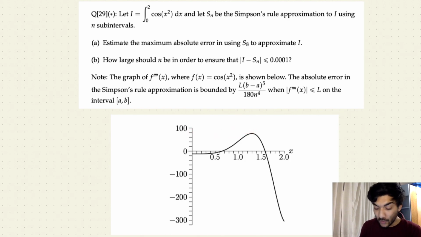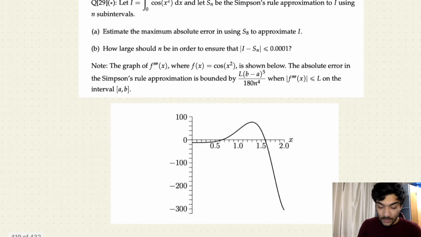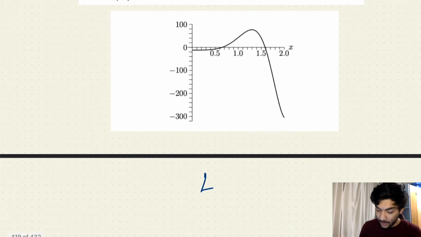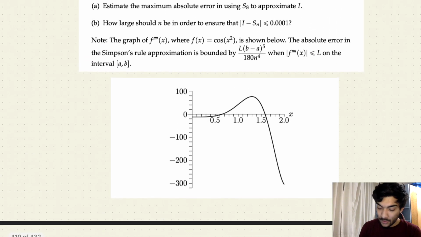And since we are only concerned with the absolute value of the fourth derivative of f of x, we can clearly notice that this value would give us the value of capital L, and that value would indeed be the absolute value of minus 310, right? Because we want to calculate an upper bound for the absolute value of the fourth derivative of f of x. So if we take the absolute value of this graph, we will get our maximum value to be 310 in this case, right? So based on this interpretation, we can easily see that our L is equal to 310.